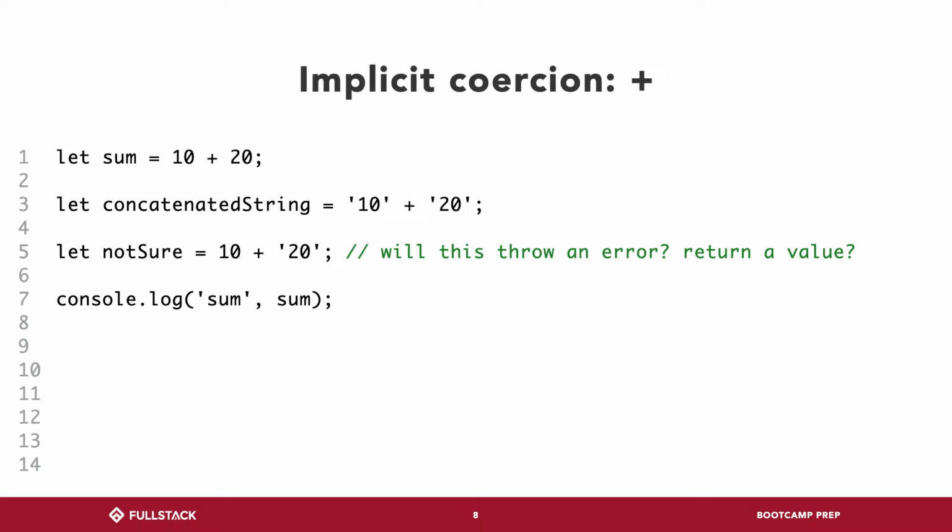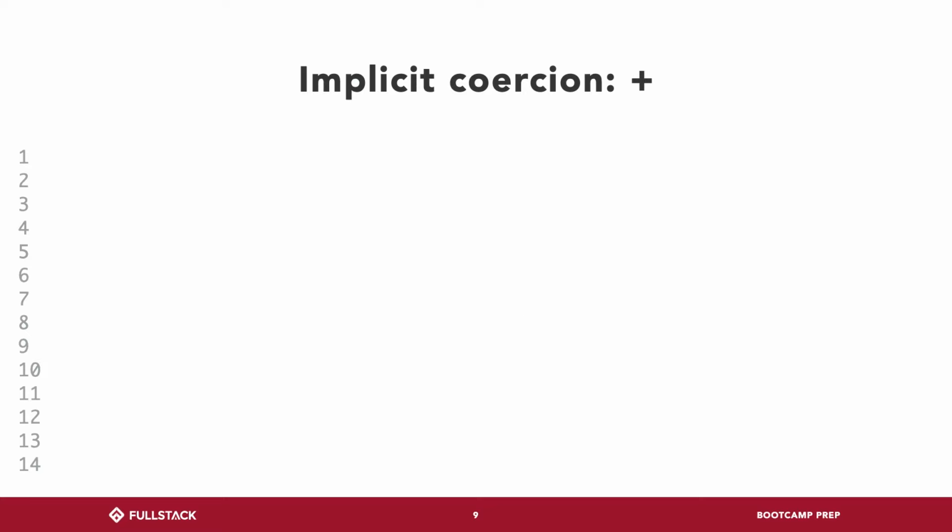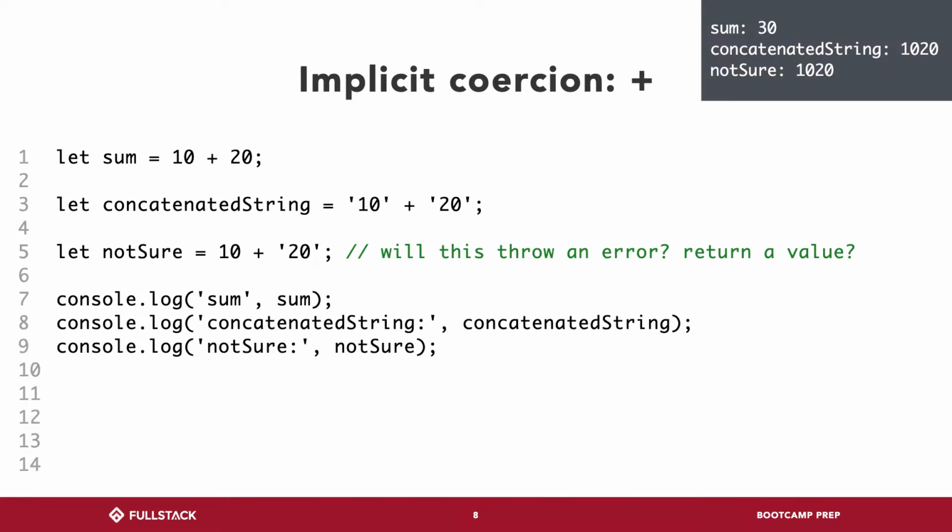And I showed you this. So we say sum is equal to 10 plus 20. Those are two numbers. The answer was 30. Is 10 plus 20 30? Cool. So let the concatenated string be 10 and 20.